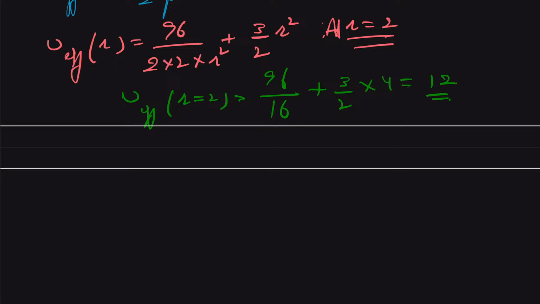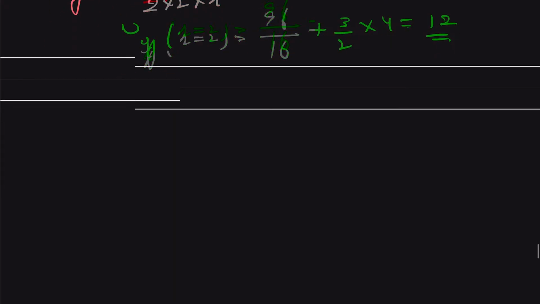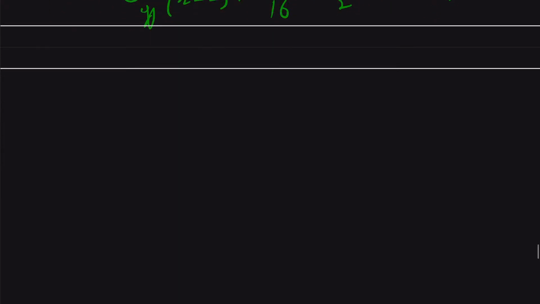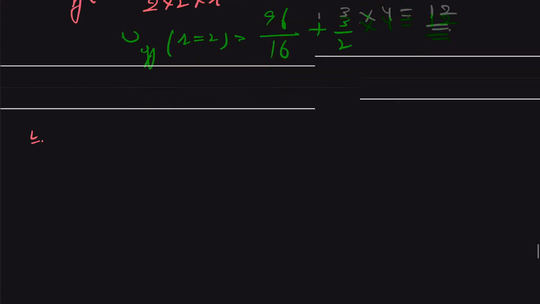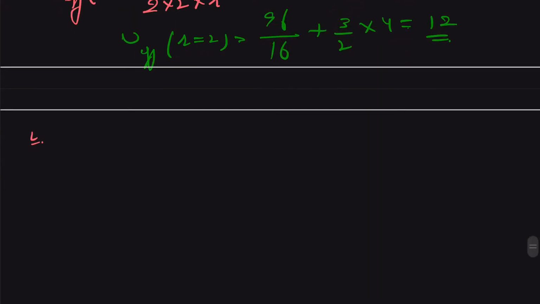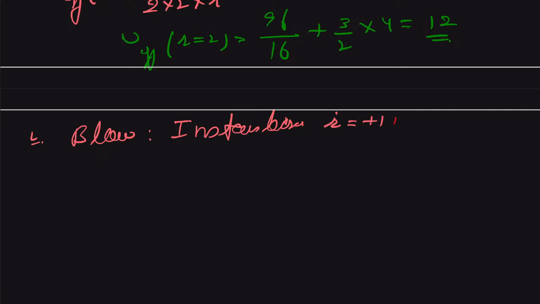So this is our initial state, the effective potential at a distance of r. Now we come to after the blow, so we can say that in the blow we are given that our instantaneous velocity, that is our r single derivative, is given as plus 1 meter per second, which is outward.